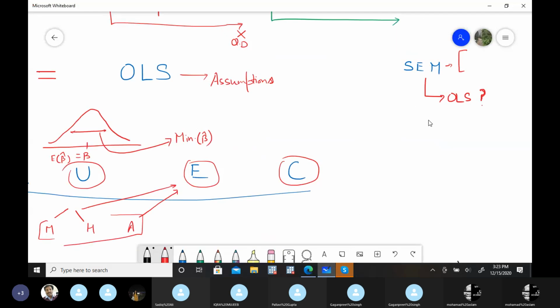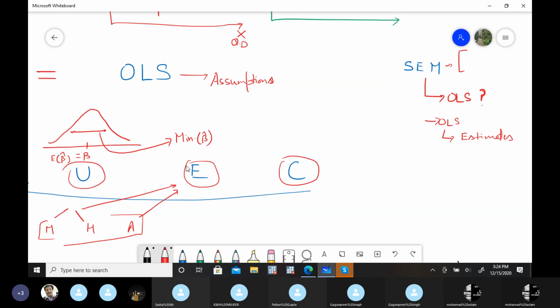Second, let's say we apply OLS, meaning it's applicable, will we get all the estimates? The results should be unbiased, efficient, consistent. That OLS has to take care of.